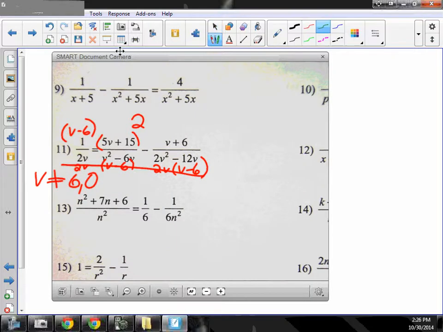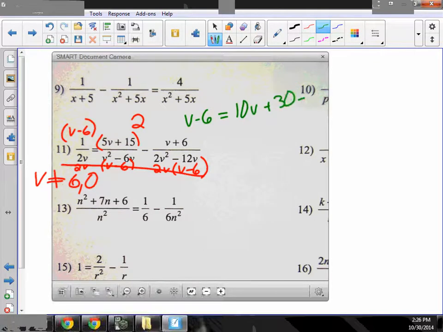So I look at the numerators. V minus 6 equals 10v plus 30 minus v minus 6. So now I'll move all the v's to one side and all the numbers to the other. So minus 10v plus v is negative 8v.